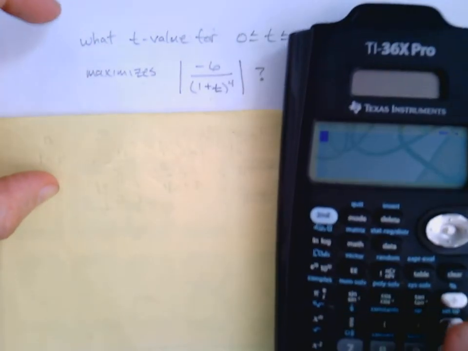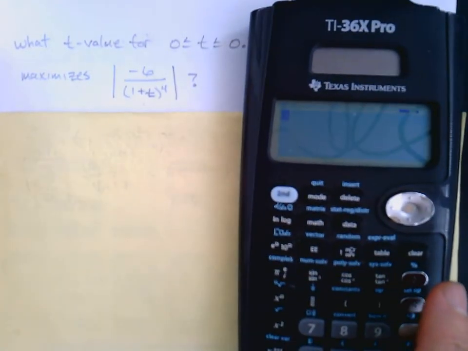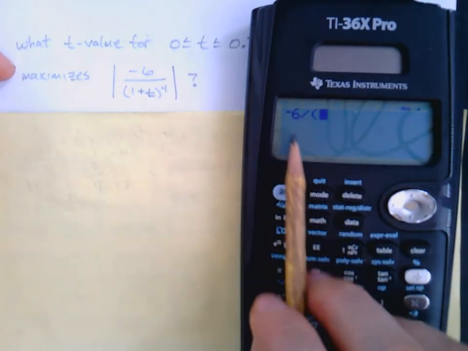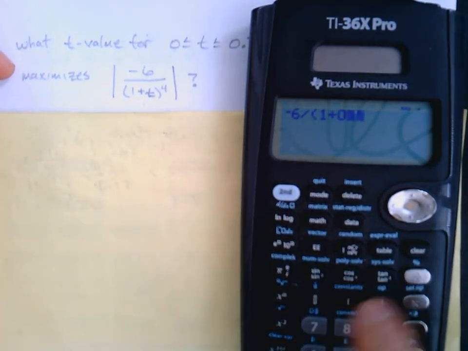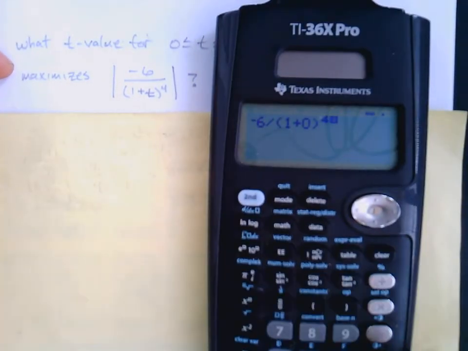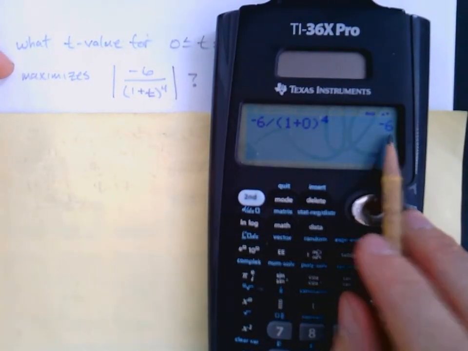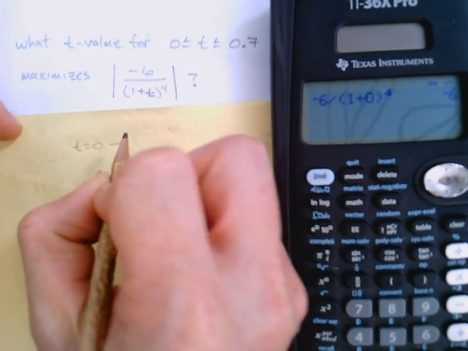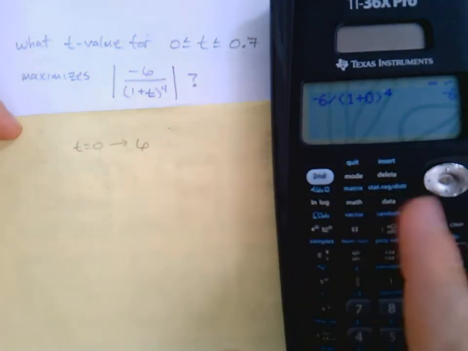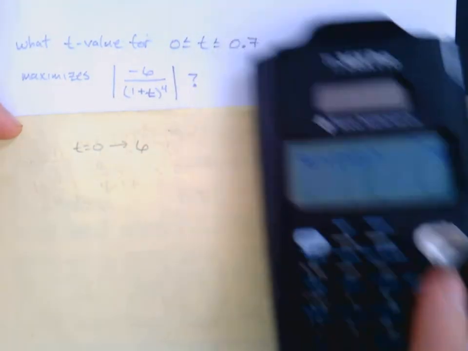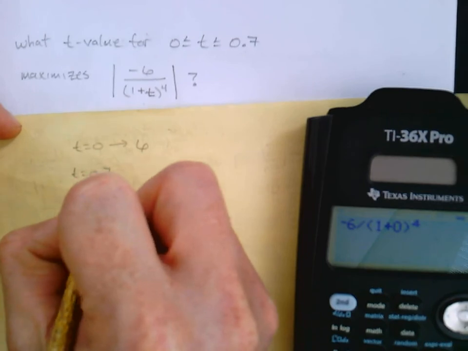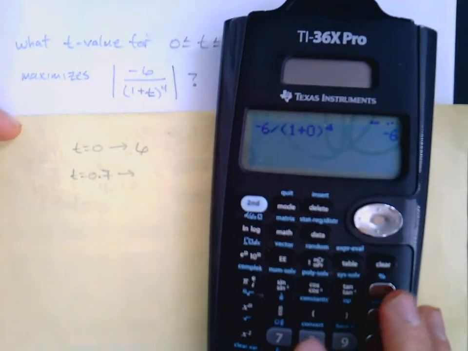And so for us, well, let's see. Again, there's an absolute value involved. So negative 6 divided by, hey, if I pick 0, 1 plus 0 to the fourth, what's that going to give me? Negative 6. So if I pick t equals 0, then I take the absolute value and I get positive 6, right? What if I picked the 0.7? What's that going to give me?